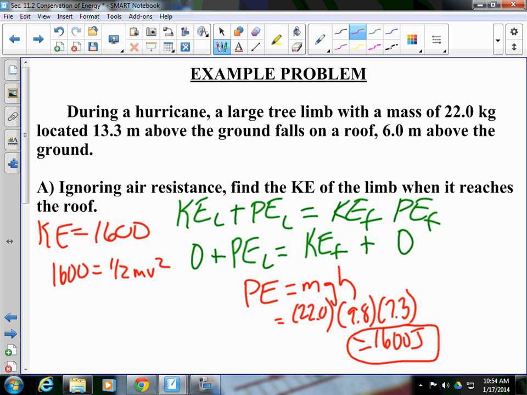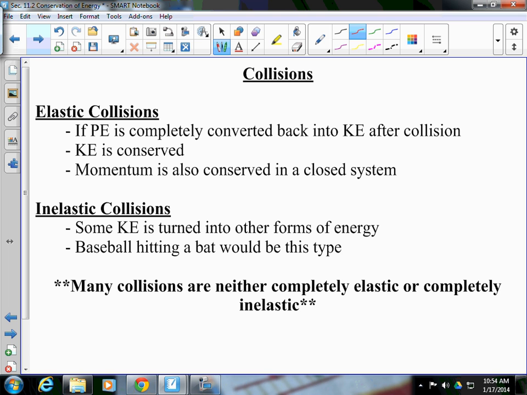So, very simple use of the conservation of energy: KEi plus PEi equals KEf plus PEf. Now, when we talk about kinetic energy and potential energy, a lot of times we start talking about collisions. We talked a little bit about collisions in Chapter 9, and some of the equations are going to be the same.